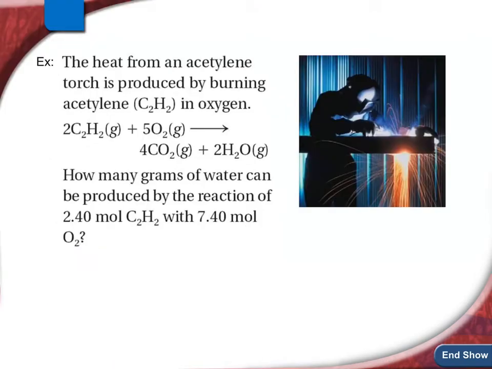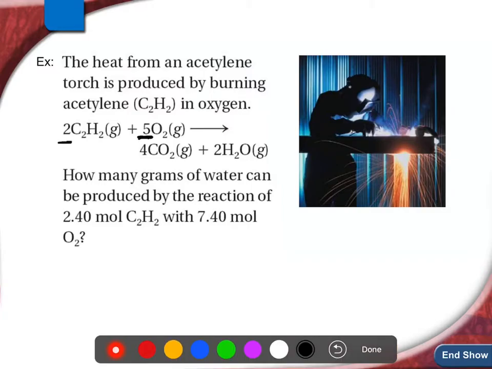On this one's a little bit more difficult, but not much. You have your mole ratios. This one's a 2 to 5. So instead of just multiplying or dividing by a whole number, you'd have to look at the mole ratio. So once again, the easiest way to figure out how many grams of water can be produced is to do 2 separate problems.